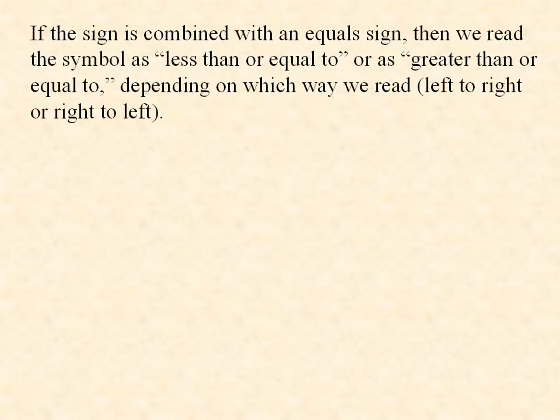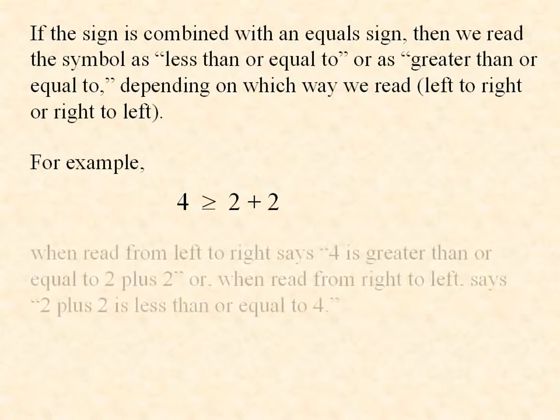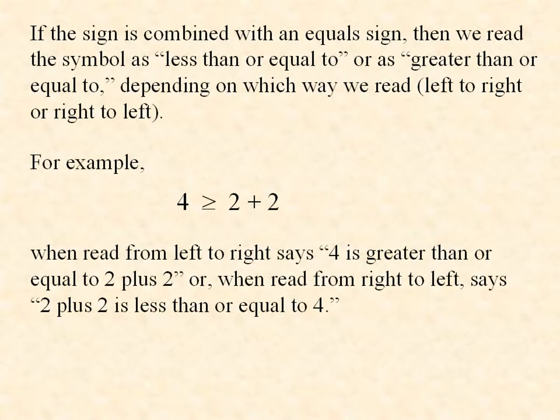If the sign is combined with an equal sign, then we read the symbol as less than or equal to, or as greater than or equal to, depending on which way we read, left to right or right to left. For example, if we read this one from left to right, it says 4 is greater than or equal to 2 plus 2.